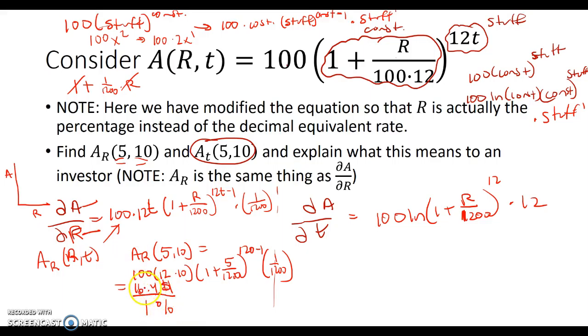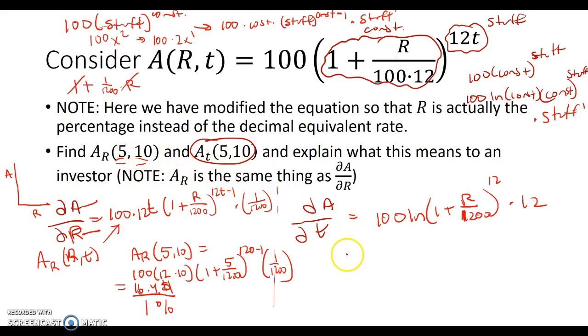So this is telling me that if I increase my interest rate by 1%, if my interest rate had been 1% higher, so approximately 6 instead of 5, then my balance would have been $16.40 higher. So the question is, does it make more sense, no pun intended, to increase your interest rate by 1, or does it make more sense to increase time by 1 year?